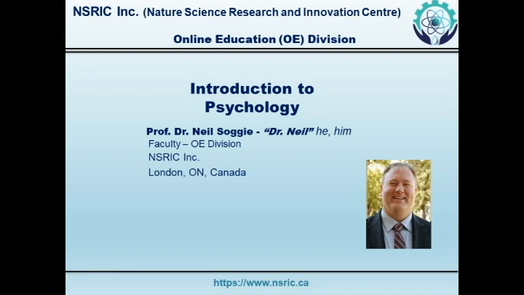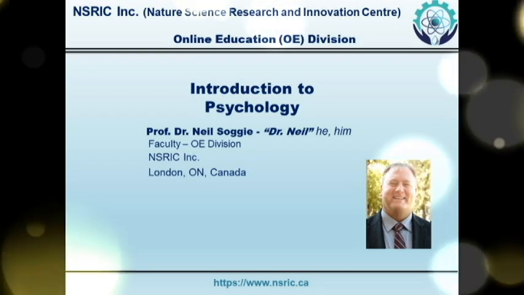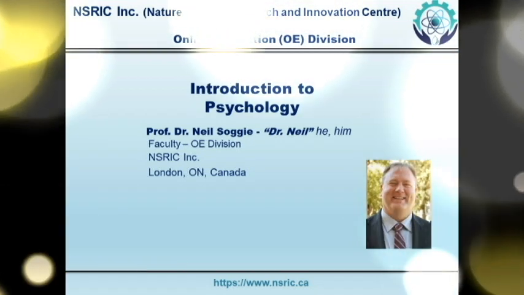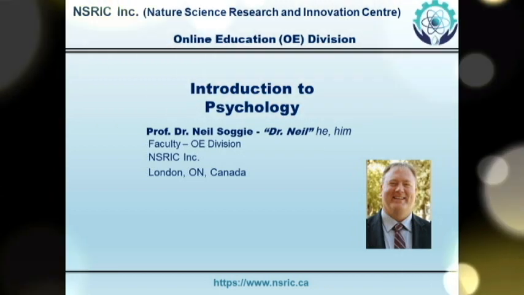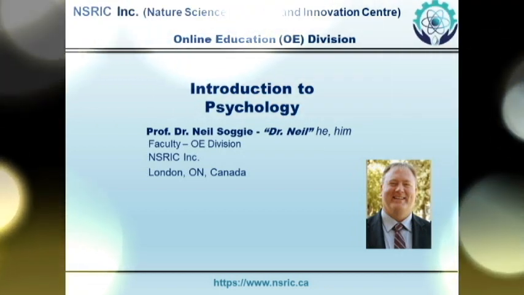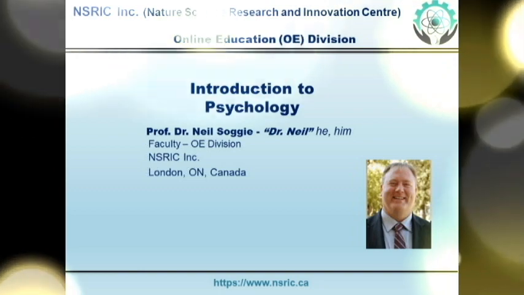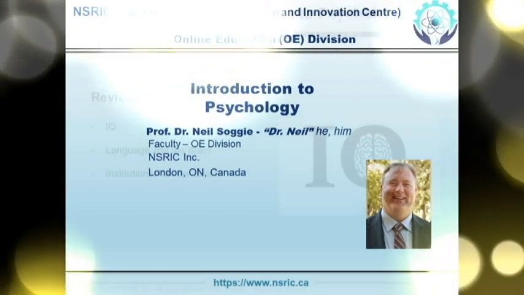So firstly, let's recall the topic of learning. We learned that learning is a process that occurs through experience and behavior change. We studied classical conditioning, where a neutral stimulus is paired with an unconditioned stimulus to create a conditioned response.